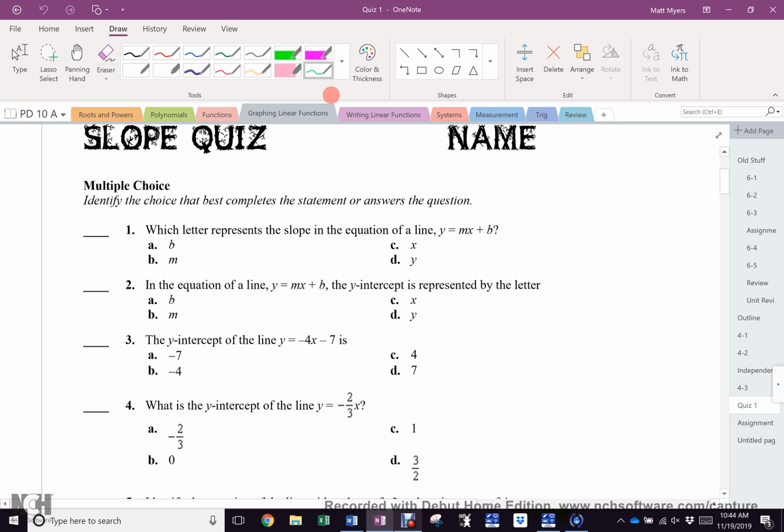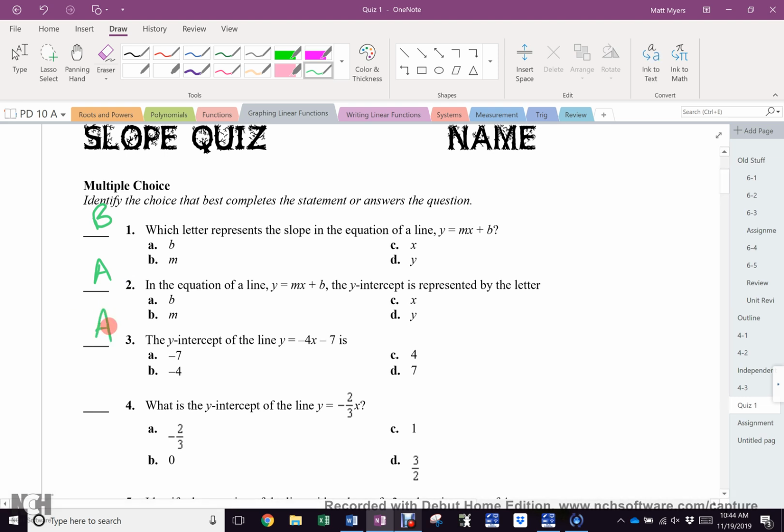What's the slope? The answer is B. The letter is M. What represents the y-intercept? A. The letter is B, but the answer is A. What is the y-intercept in number 3?